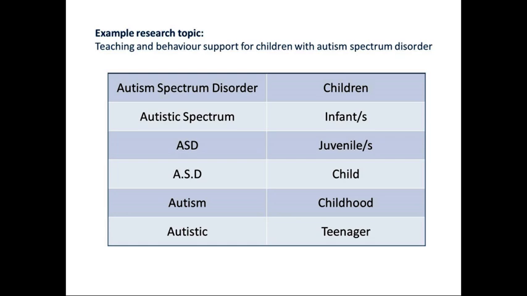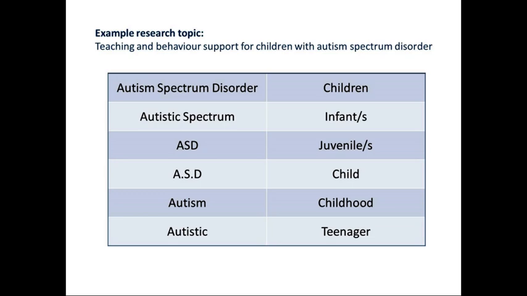So the first thing I notice is that there are lots of words starting with child. You've got children, child and childhood on this list. So what you can do is use something called a truncation. What this means is that you take the root of a word that has multiple endings and you can use an asterisk, which is the star, to search for all of them at once.